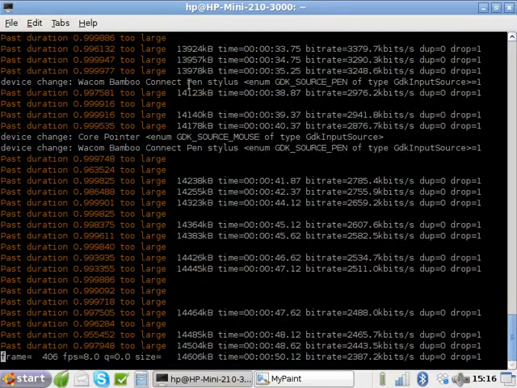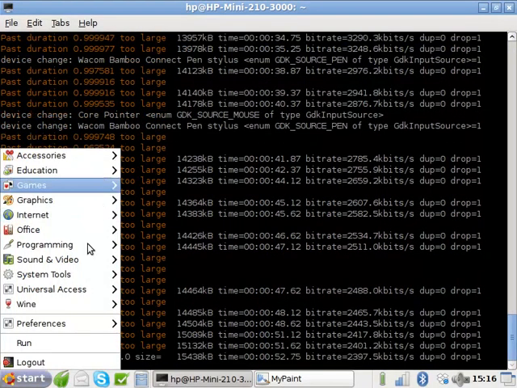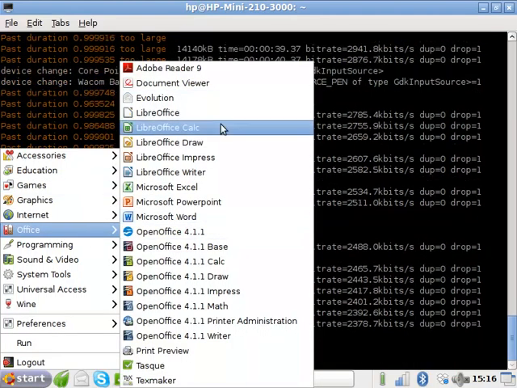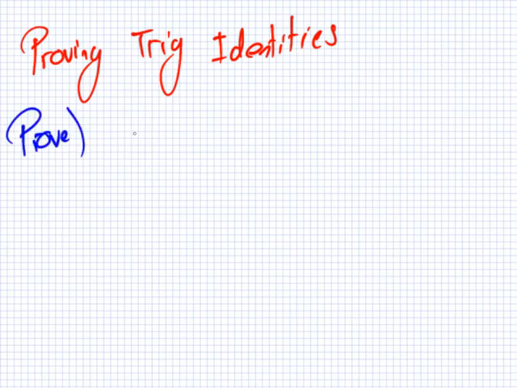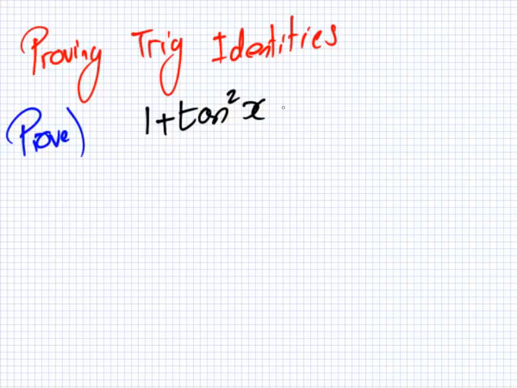Right, while it's loading, I'll give you an example of what I mean. For this lesson, all it's about is proving stuff, using rules that you have.